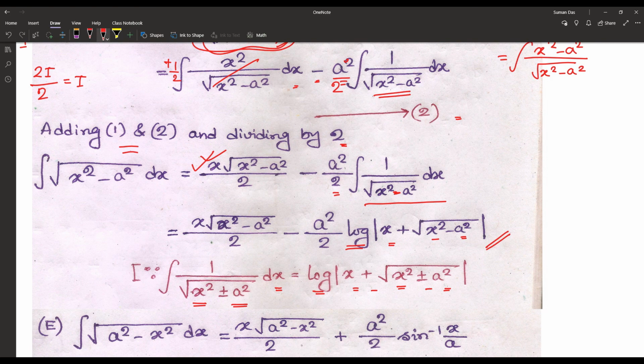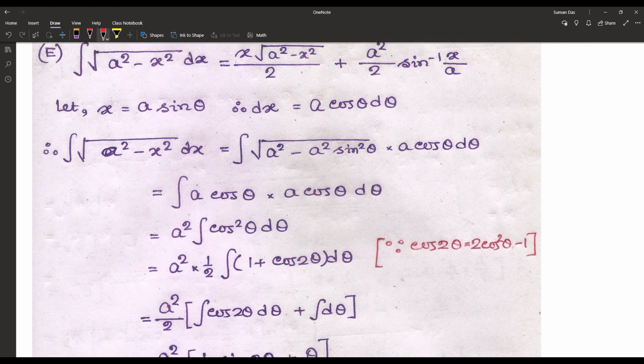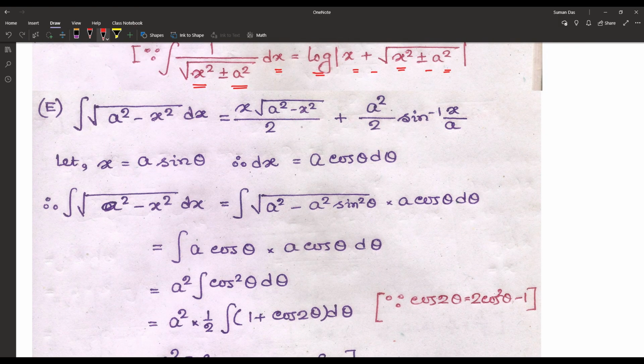So we are proceeding to the next integral form, and that one is the integration of square root of a square minus x square.